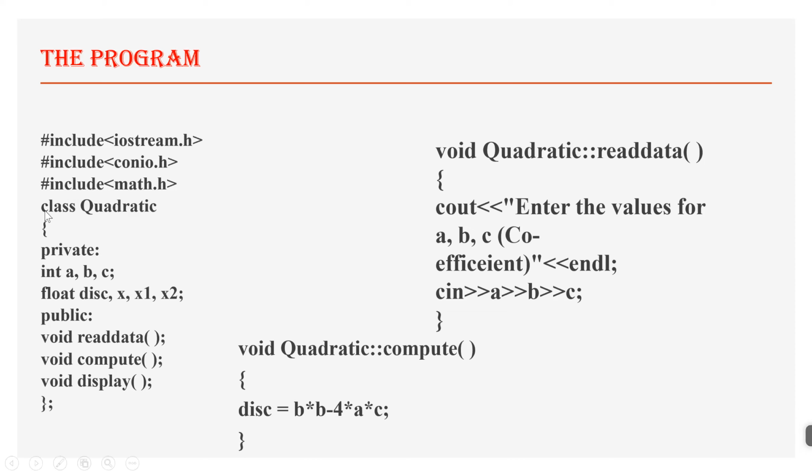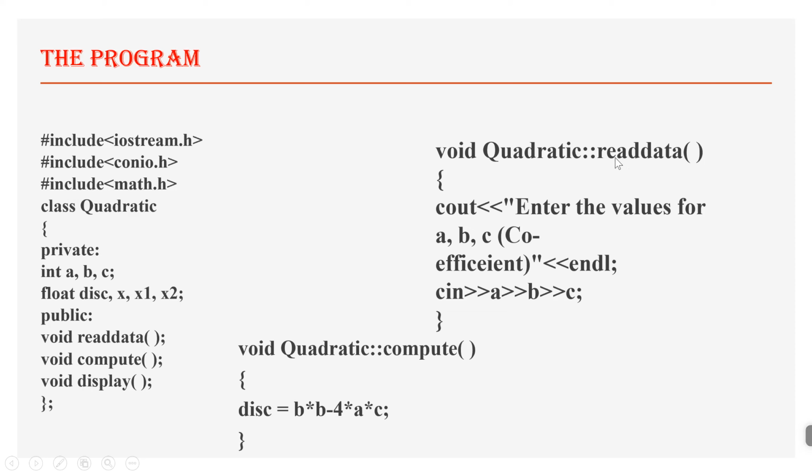I'm calling a class called quadratic. As I already mentioned, I'm declaring three coefficients A, B, C, which are integers, and then float discriminant, x, x1, and x2, and three associated functions. One is to read the data, another is to compute, and the third one is to display the result.